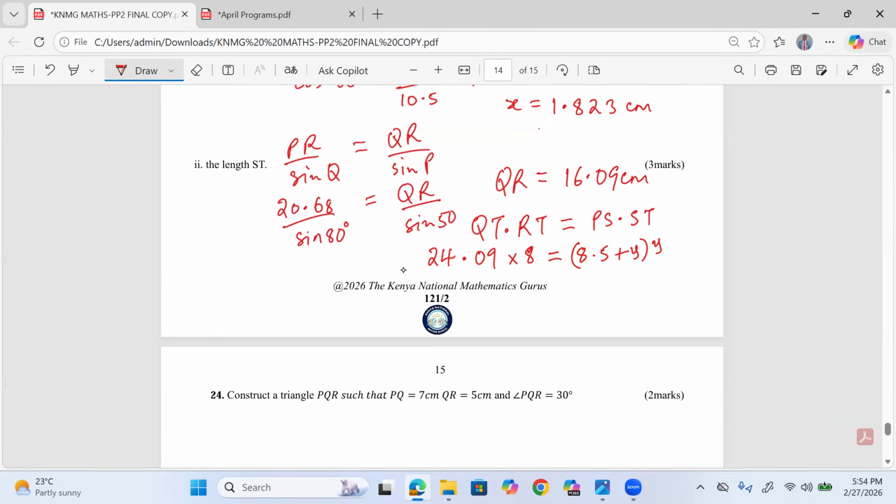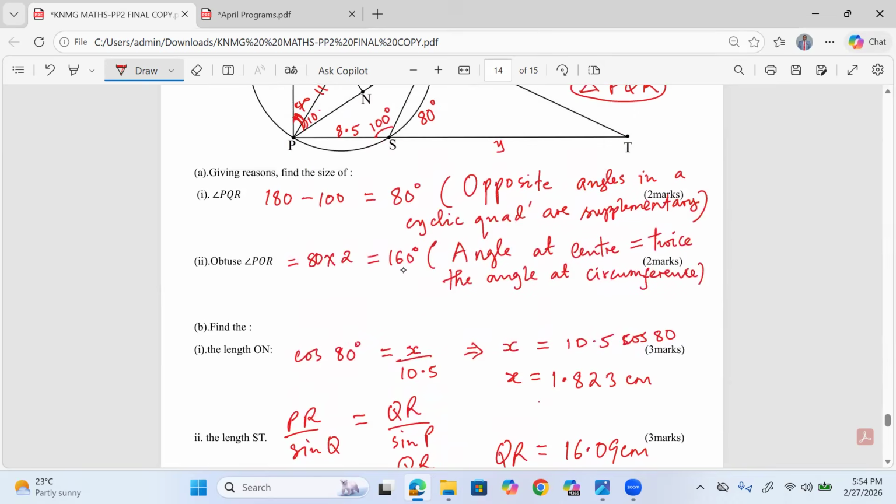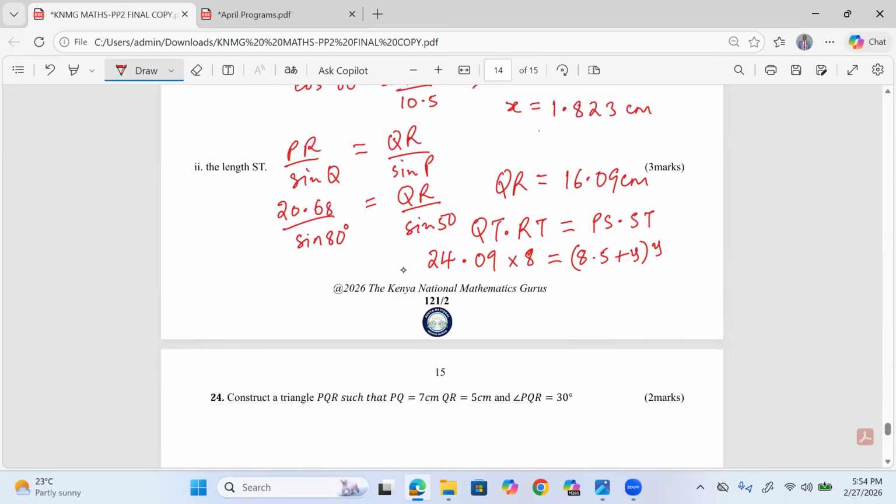So what we are looking for at the end of the day is the value of Y. This is going to be times 8, I'm getting 192.69, equals 8.5Y plus Y squared.